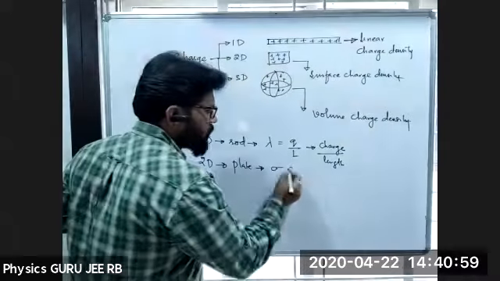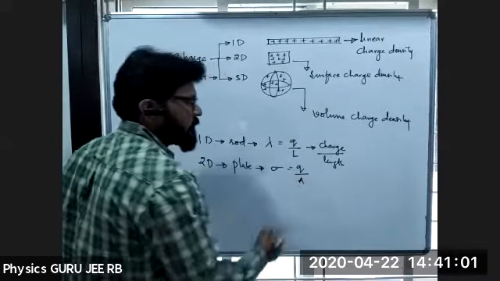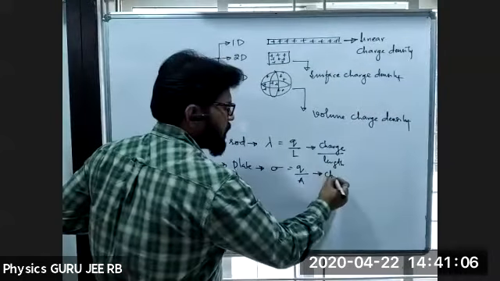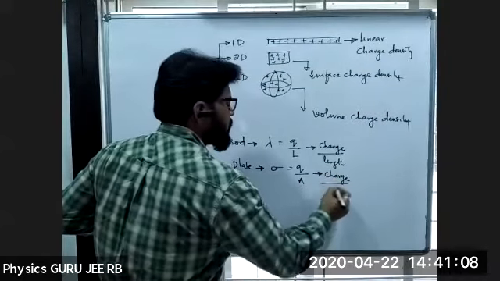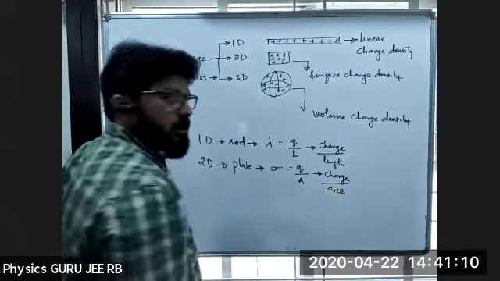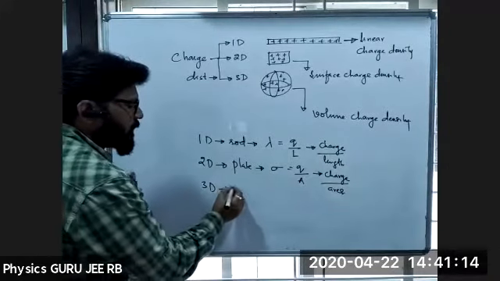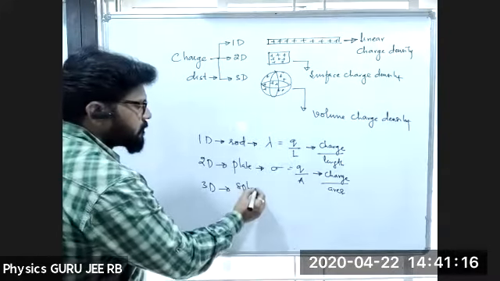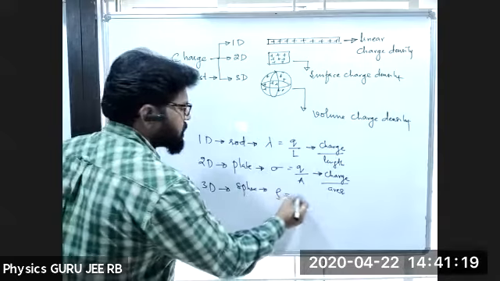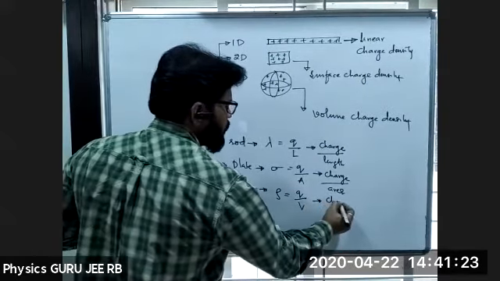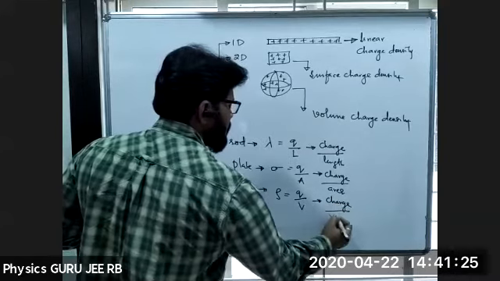Sigma equals charge by area, charge per unit area. Next, a three-dimensional sphere, for example: rho is equal to Q by V, which is nothing but charge per unit volume.